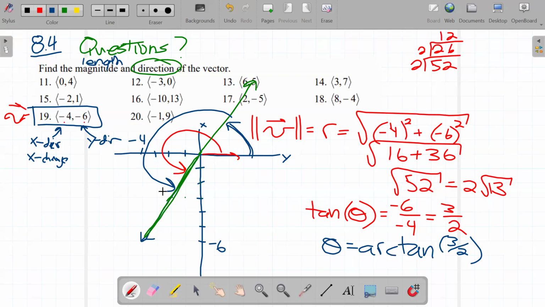This didn't state degrees or radians, but mostly the examples in this section use degrees. So we might modify that on our calculator. I have two options.